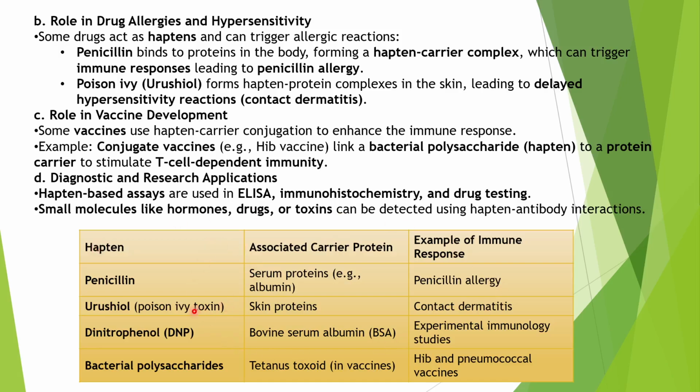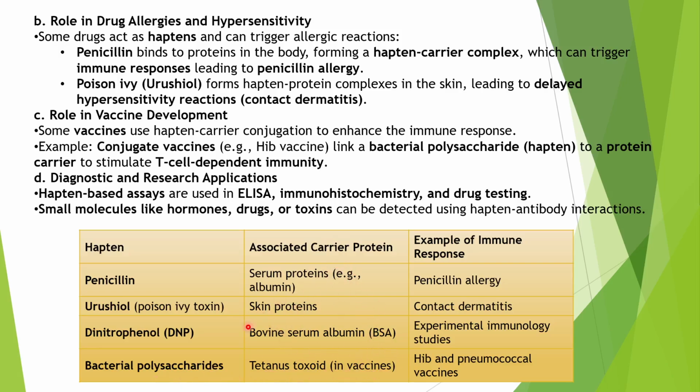So these are a few other examples of haptens: penicillin, urushiol from poison ivy, DNP (dinitrophenol), bacterial polysaccharides, etc. These can form complexes with carrier proteins like serum albumin, globulin, skin proteins, BSA, which is bovine serum albumin, and tetanus toxoid.